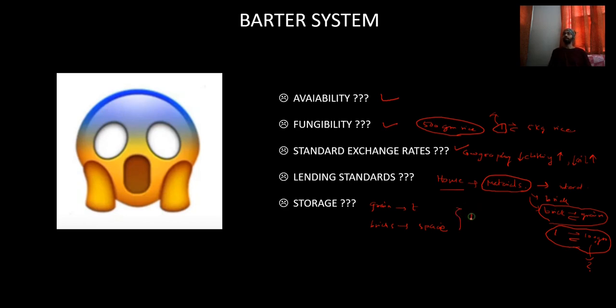Thieves can come and create losses for you. So these problems are there. Availability, fungibility, standard exchange rate, lending standards, storage, these were the problems profusely prevalent in the barter system of exchanges. And people who were exchanging were continuously adjusting and readjusting these things to find out the natural or the most efficient exchange rates. But there was a better solution awaiting human beings.